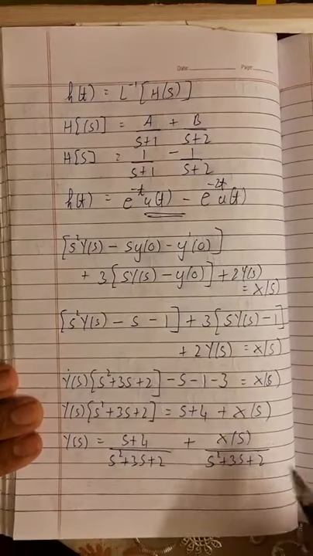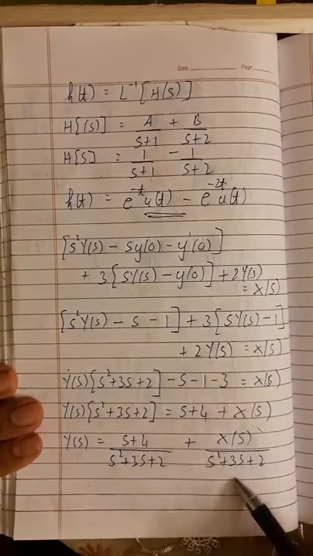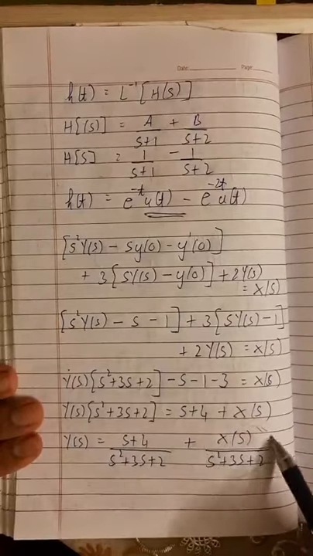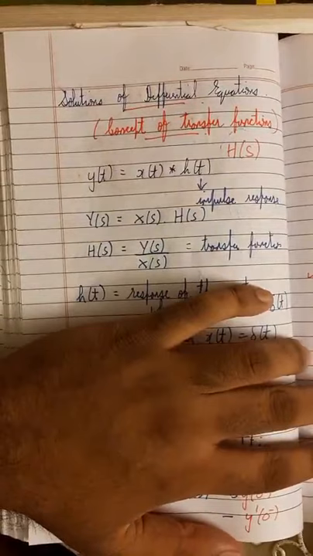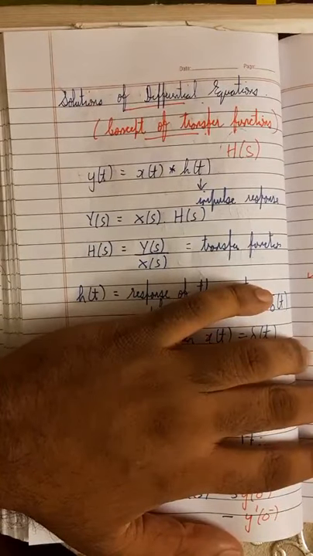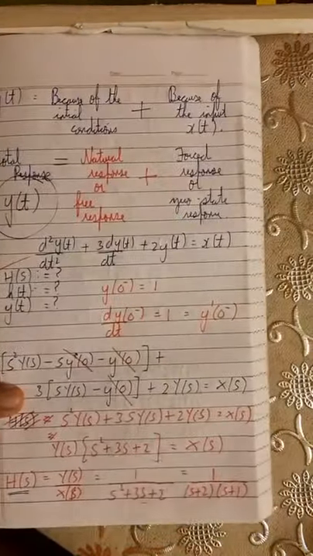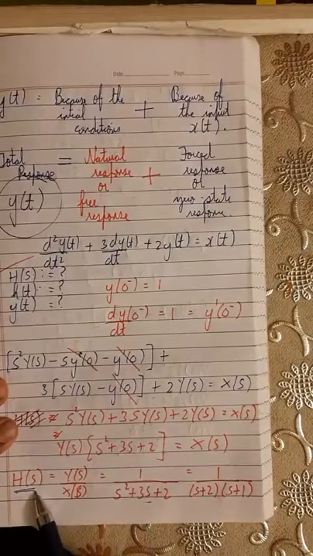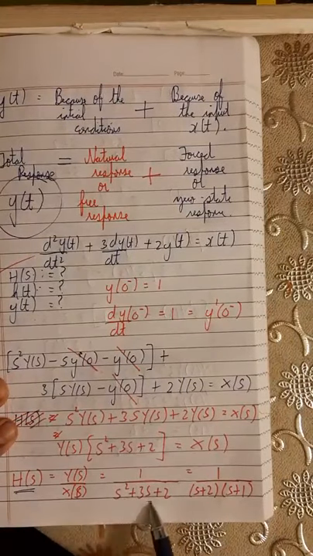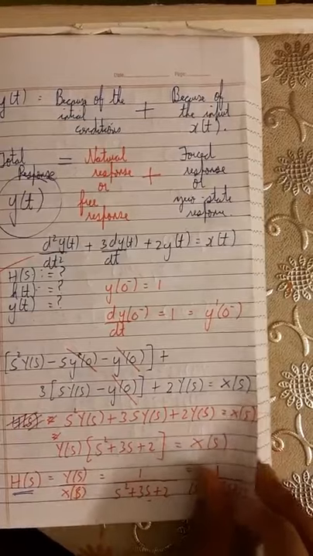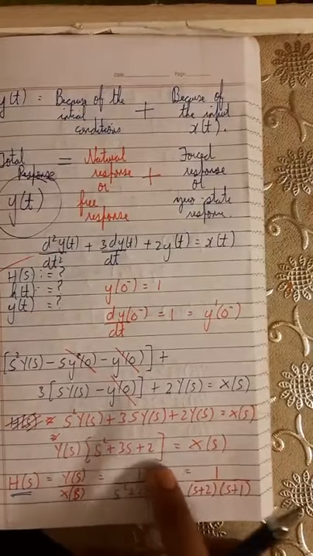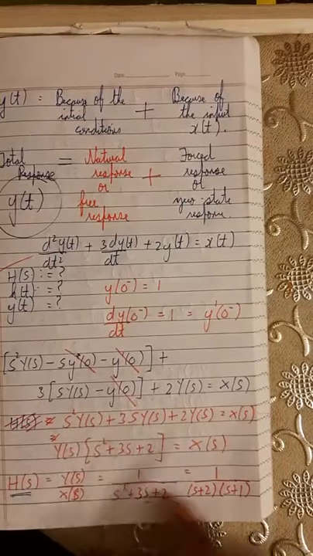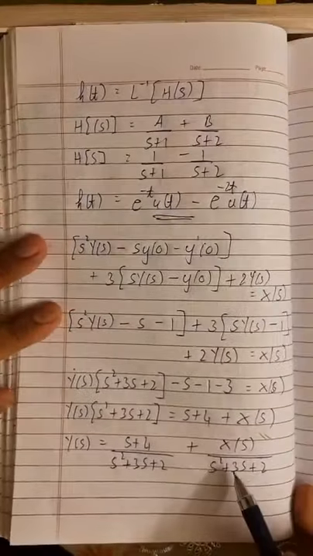You have already seen what this is. This is what you call your H(s), 1/(s² + 3s + 2). If I put X(s) here, it becomes X(s)/(s² + 3s + 2), and that is exactly what you are seeing here.